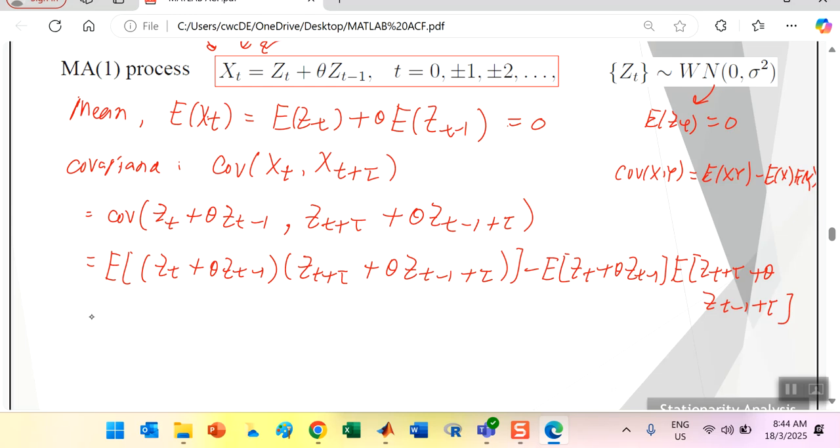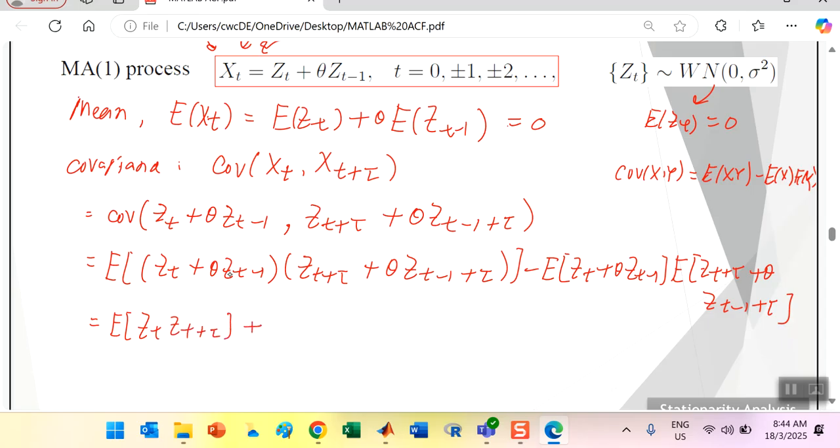So then we can multiply everything and have a look at the results. For the second part here, basically this should be 0. So we end up with the E of XY here. Okay? So if you have the combination involved, you have E of ZT and ZT plus tau.